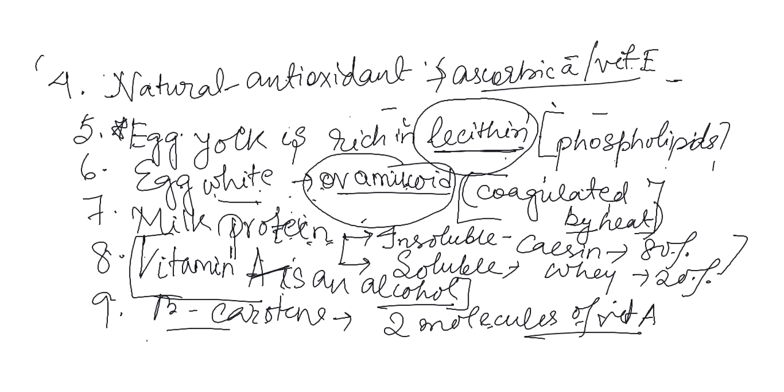Then we will talk about an example of a natural antioxidant. Then phospholipids: what is the basic main phospholipid and what is it rich in? So that has to be done.